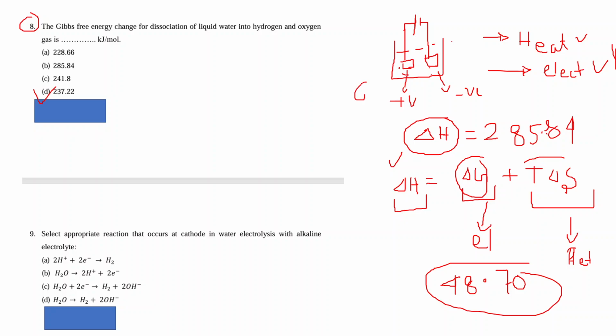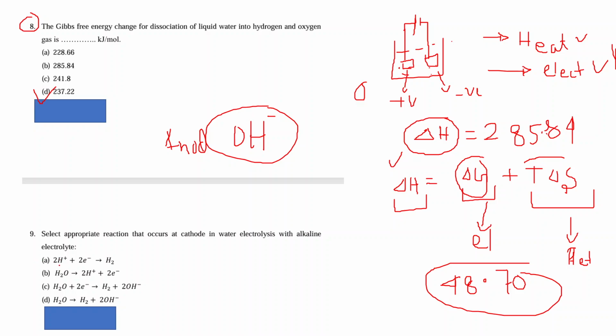OH minus will get attracted to the anode. What is the reaction here at cathode? In cathode what will happen?